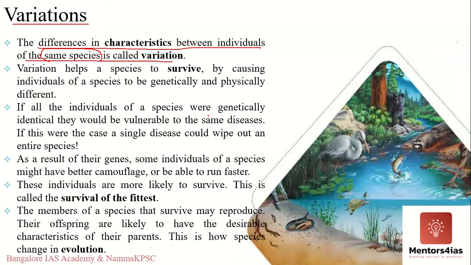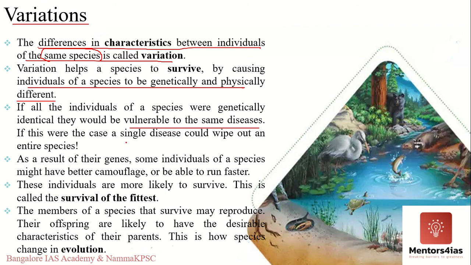So these variations also help species to survive by causing individuals of a species to be genetically and physically different. See, if all the individuals of a species were genetically identical, they would be vulnerable to a particular disease.